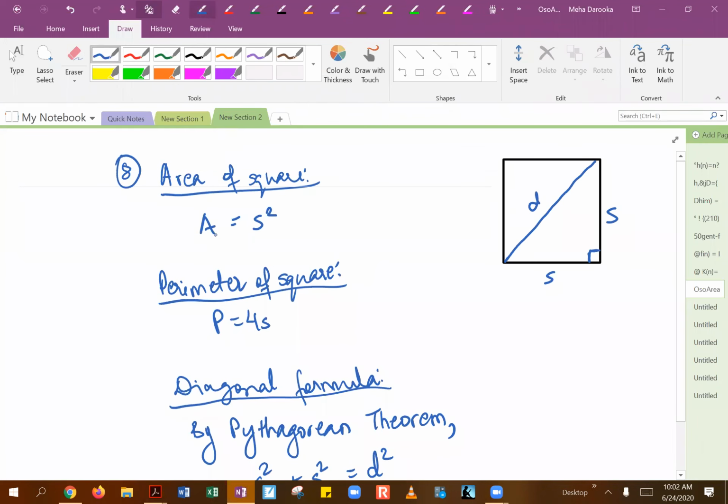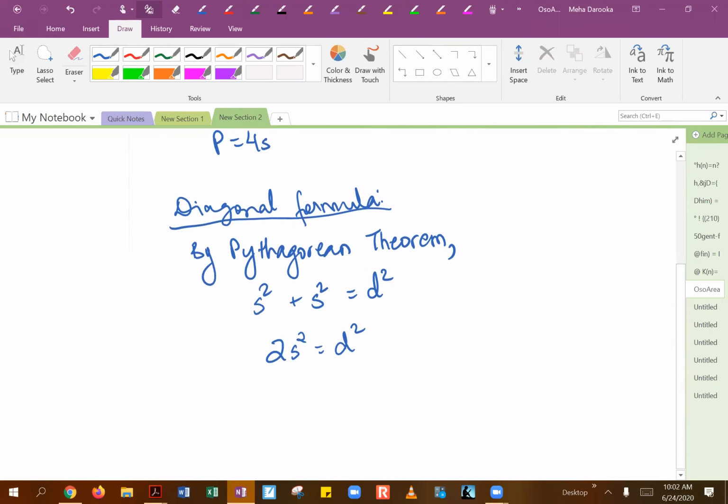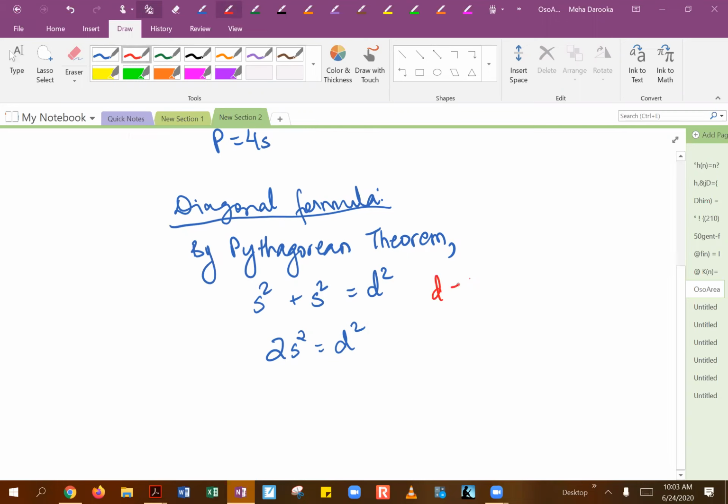Right now, our area is a function of the side, and the diagonal is also written as a function of the side.